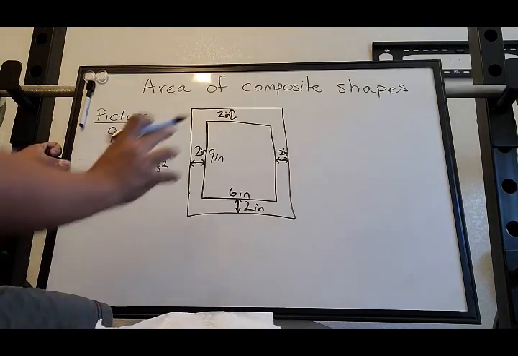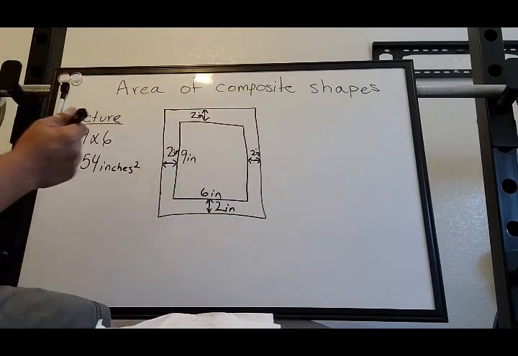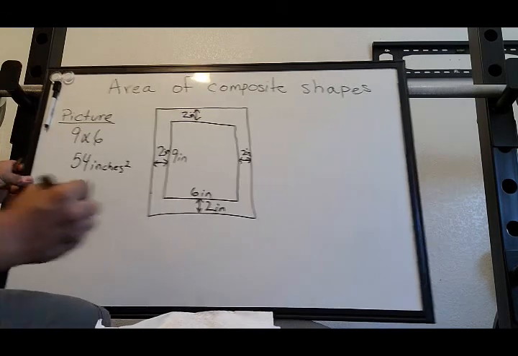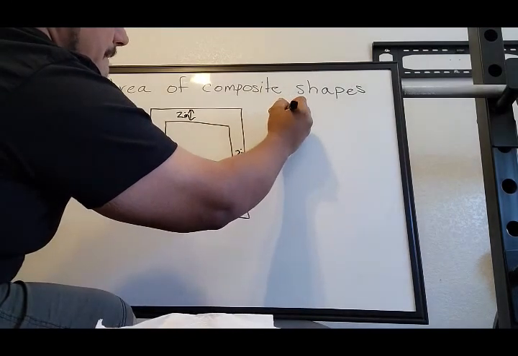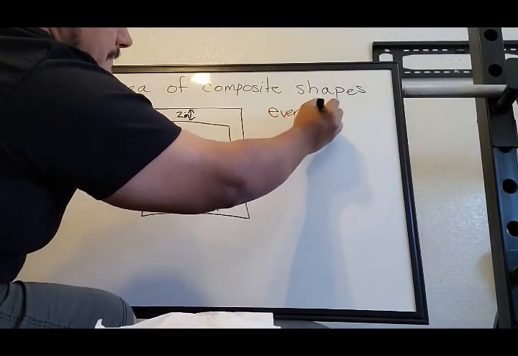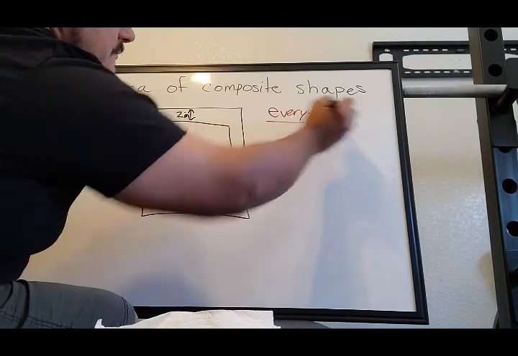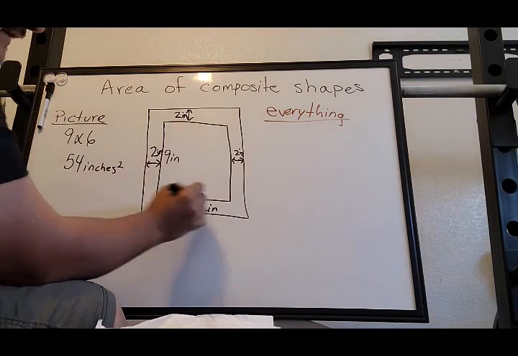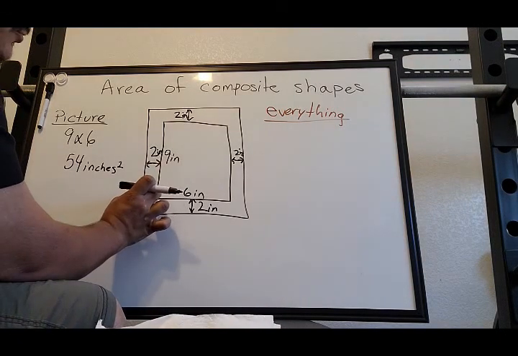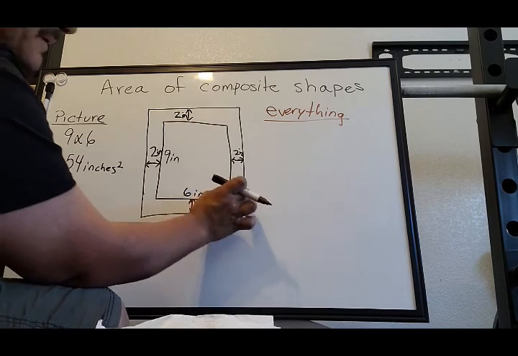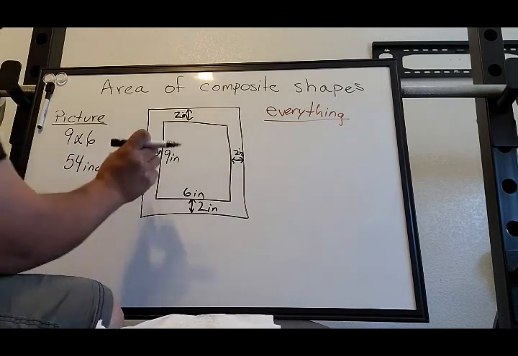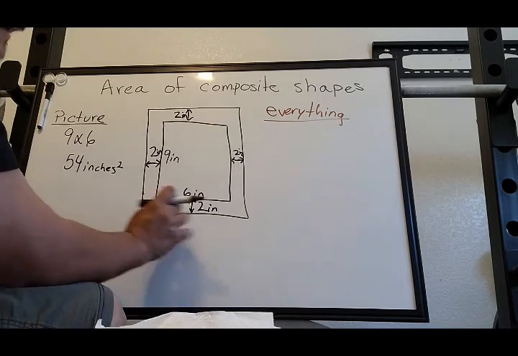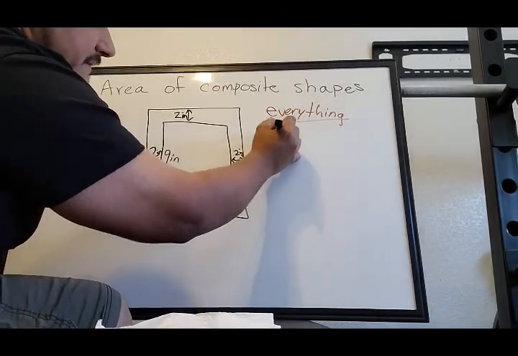Now let's find the area of everything together. This is where you guys have to get creative. We know that this right here is 6, but how much is 2 plus 6 plus 2? Well, 2 plus 6 is 8, so from here to here is 8, plus 2 more is 10.